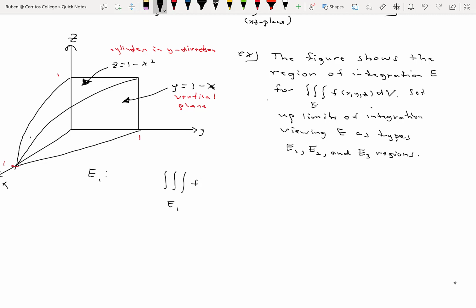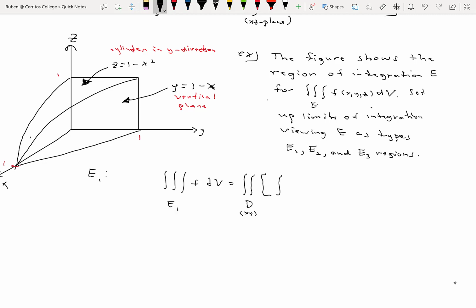So the triple integral of f dV is the double integral over the projection of the solid in the xy plane, of the integral from the surface below.